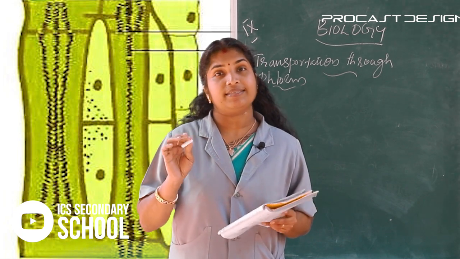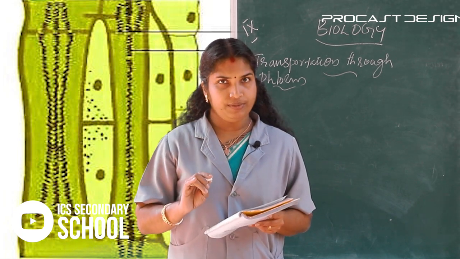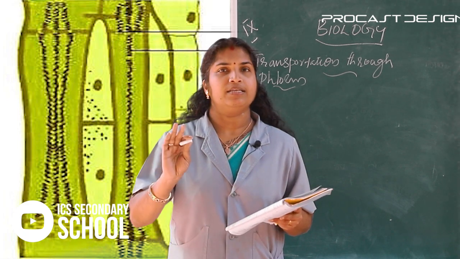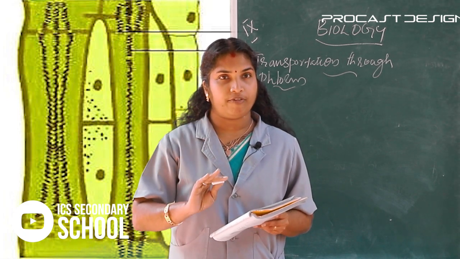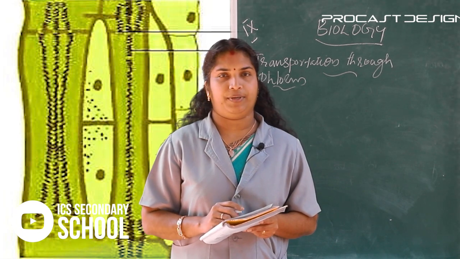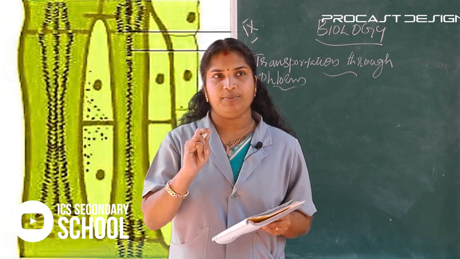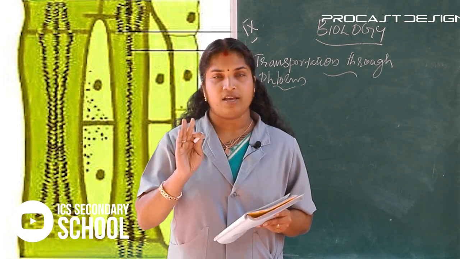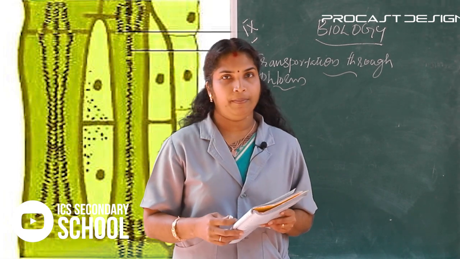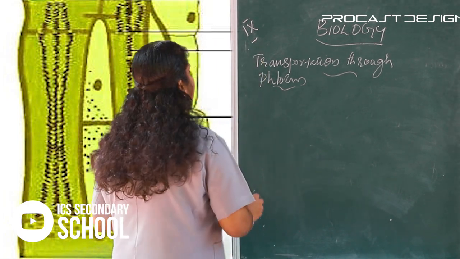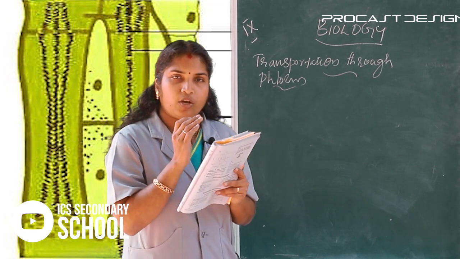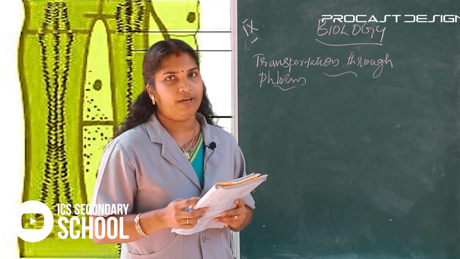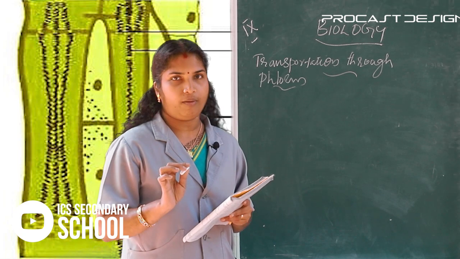The phloem is composed of sieve tubes, companion cells, phloem fiber and phloem parenchyma. These cells are joined together to form the phloem vascular bundle, or phloem complex tissue.